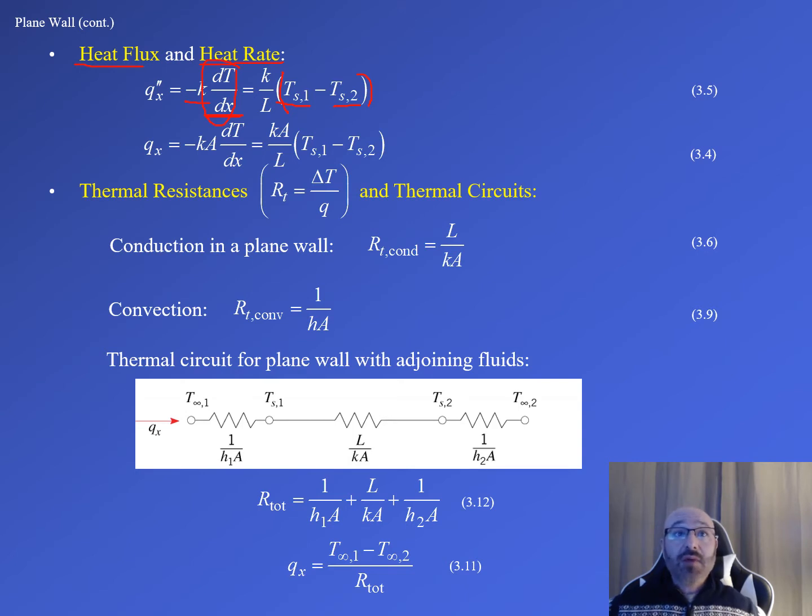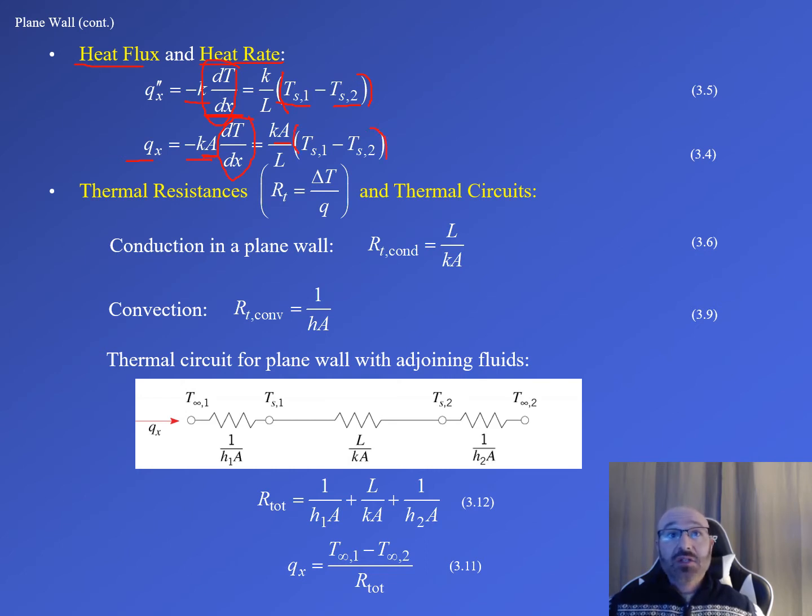Now for our heat rate, we have a similar equation down here. The difference is now we have area involved. So if we look again at the difference between our heat rate and our heat flux, that is that area. Our heat rate in the x direction is equal to our negative K value, our thermal conductivity, times now that area, times the change in temperature with respect to distance, dT/dx. So when we say what is that change in temperature, what is that distance?